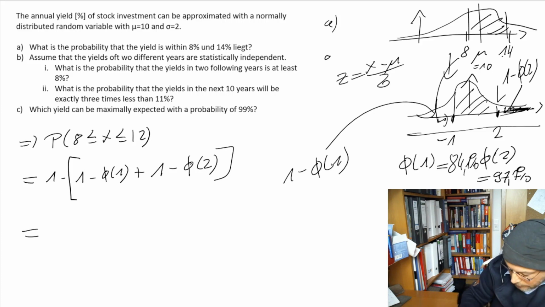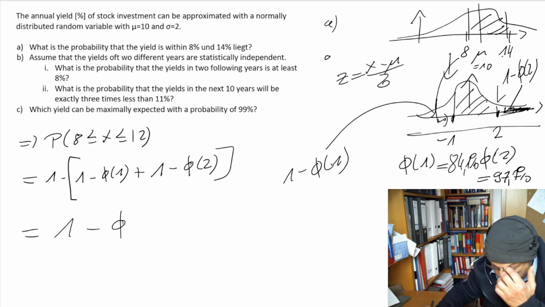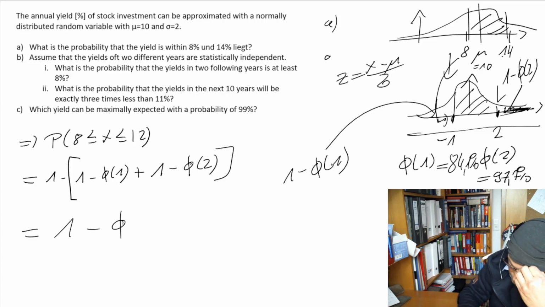This means 1 minus 1 cancels out. Oh, 1 minus phi of 1 minus phi of 2.